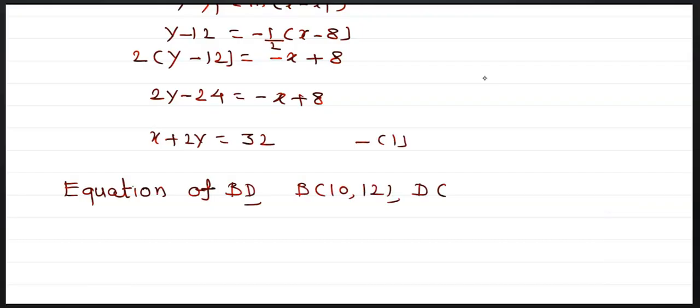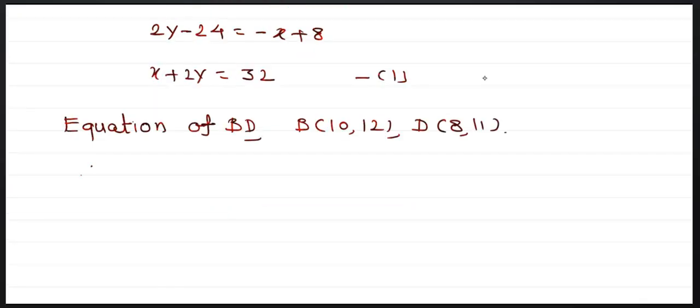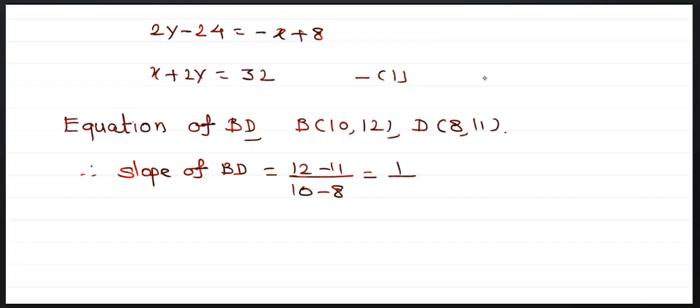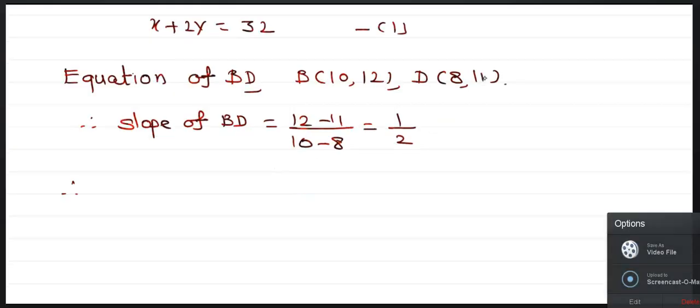Now the equation of BD, that is, B is (10, 12) and D is (8, 11). Now here the slope of BD is 12 minus 11 upon 10 minus 8. That is 1 upon 2, the slope of BD.